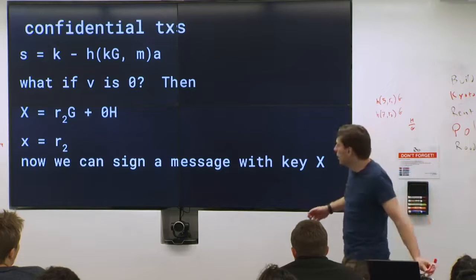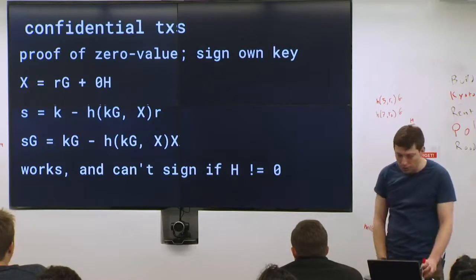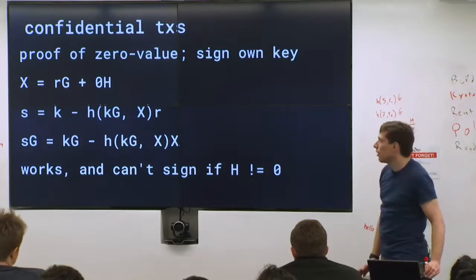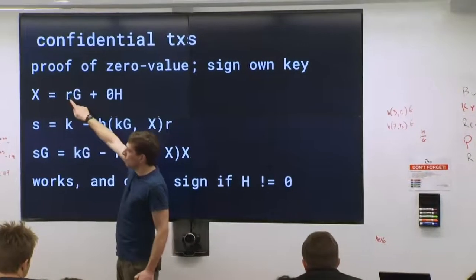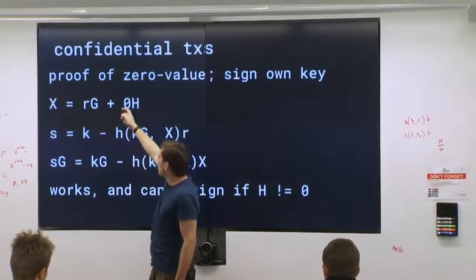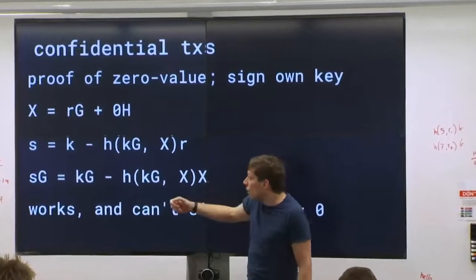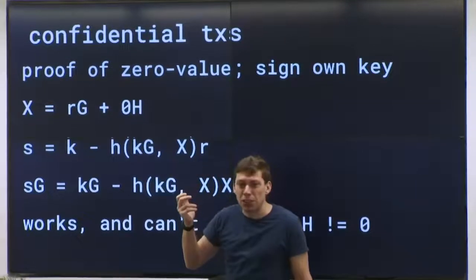I can sign a message with key big X. And so this is a proof of a 0 value. I'll just sign with my own key. So if X is some random blinding factor times G plus 0 times H, where the value you're committing to is 0, the question is, what message do you sign?